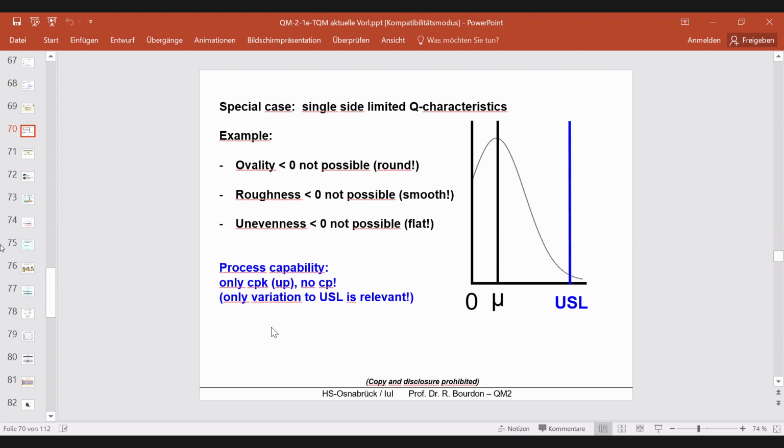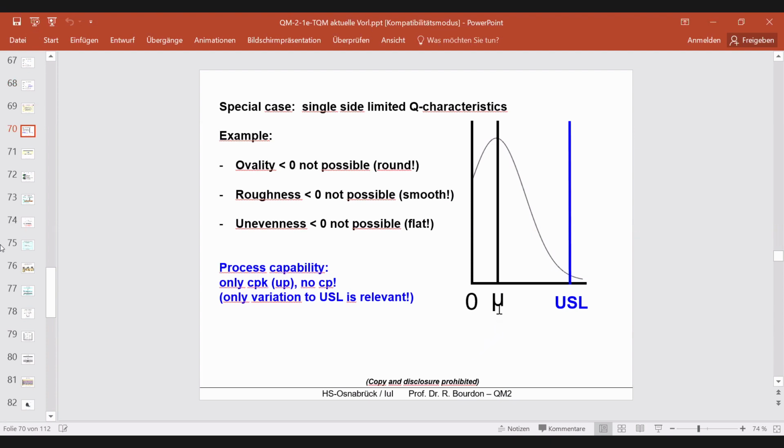So only this upper specification limit is to be used, and there is only the CPK value to be taken for the quality charts and for the process capability, because the CP value doesn't make sense.